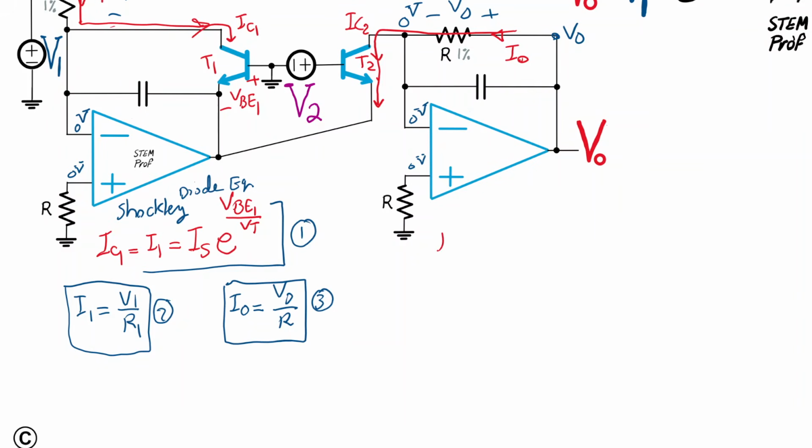I can just say I out therefore is equal to IS e to the power V base emitter 2 divided by, again, VT. We can use the same IS and VT for the transistors. We are assuming they're in the same package and matched. That's why we said we should have matched transistors.